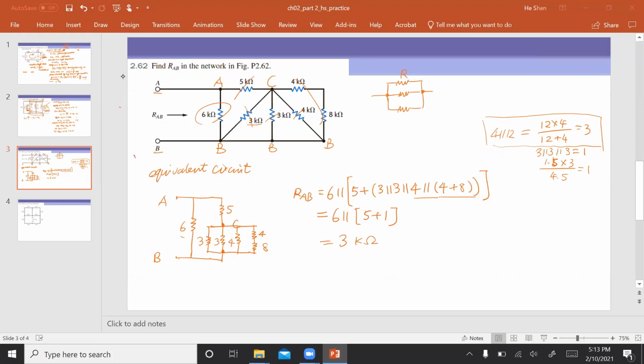We know the conclusion: the summation of 1 over R total should be equal to the summation of each of them. Because they are all the same, you have 3 times 1 over R. That's how you find RT is equal to 1/3 of R. So that's why we said if we have three 3K resistors in parallel, you should get a value of 1K.